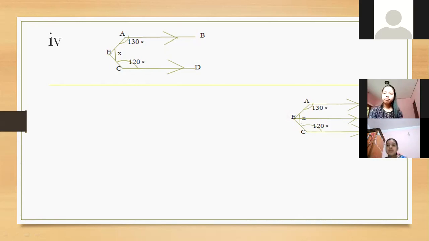How to find the value of X? First of all, find the AEF angle, then find the FEC angle, then we add these two angles and find the value of X.